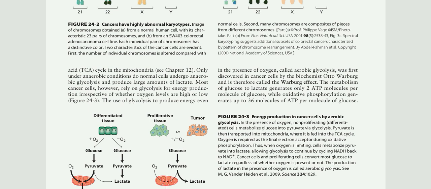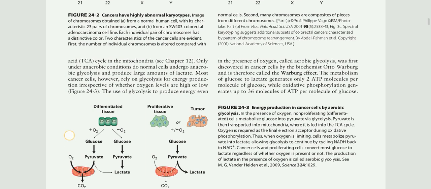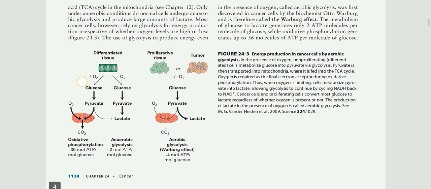The metabolism of glucose to lactate generates only 2 ATP molecules per molecule of glucose, while oxidative phosphorylation generates up to 36 molecules of ATP per molecule of glucose. When we look at this picture, differentiated tissue is there, then proliferative tissue will be formed, and tumor tissue is there.